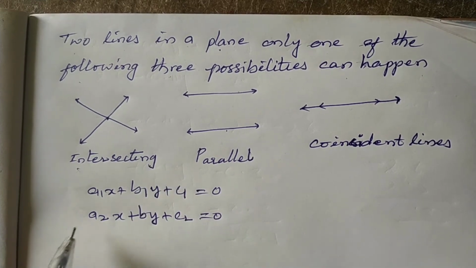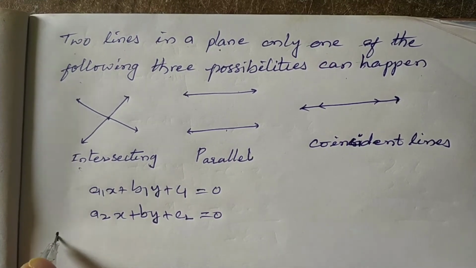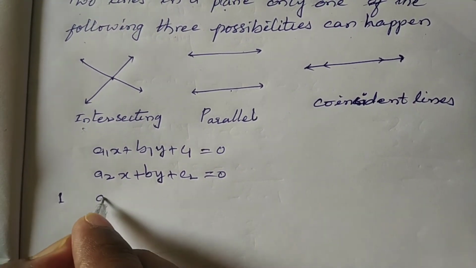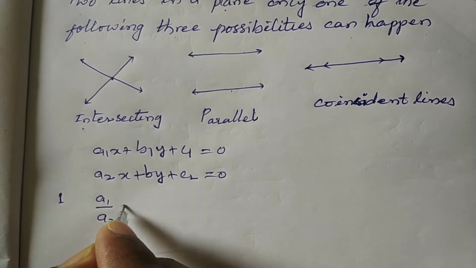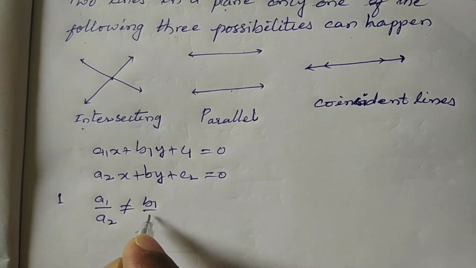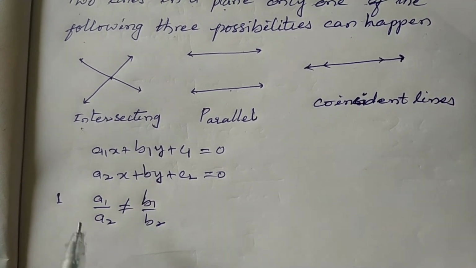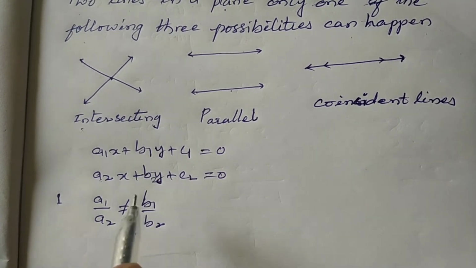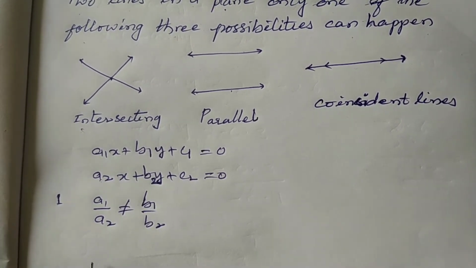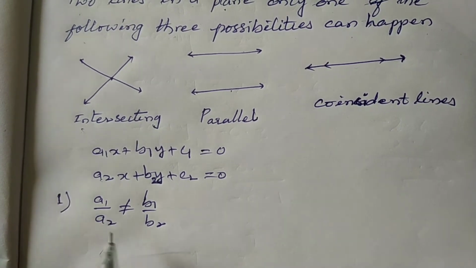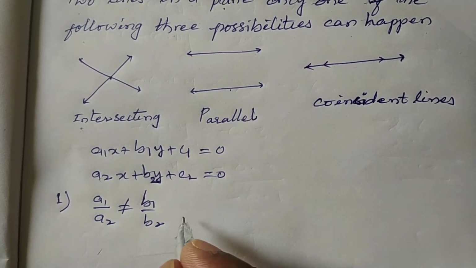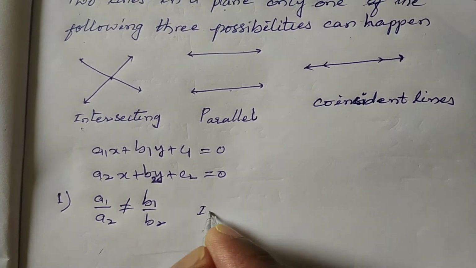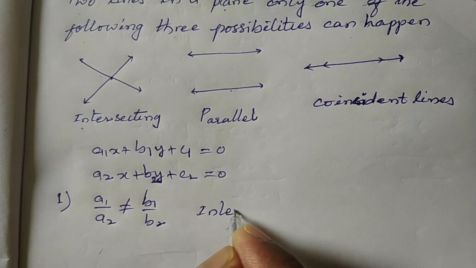When the two lines are intersecting lines, they satisfy the condition a1 by a2 not equal to b1 by b2. So here these are a1, a2 and b1, b2. When this condition is satisfied, the two lines are intersecting lines.